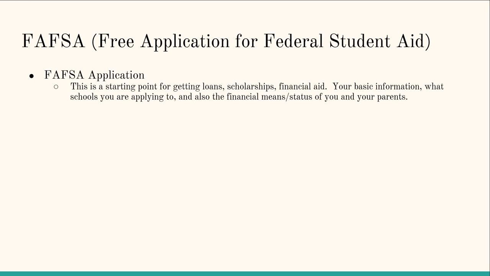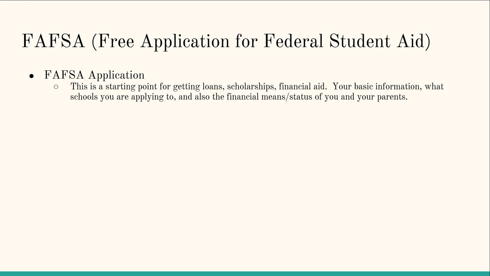Basically, you're going to have to put in your basic information like where you live, your age, your social security number, I believe, what schools you're going to be applying to, and also the financial means and status of you and your parents. That includes your income, your parents' income, your parents' assets, like what they own, their savings, what you own, what your savings are.